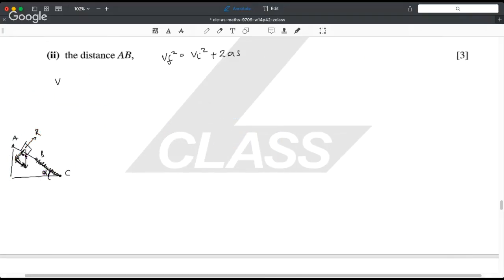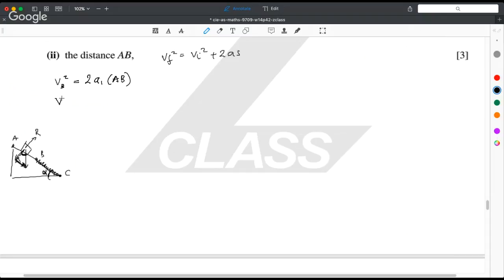So first I'm going to look at the motion from A to B. The velocity at B squared is the initial velocity, which is 0 because it starts from rest, times 2 times A1, the acceleration that it feels during this period, times the distance AB.